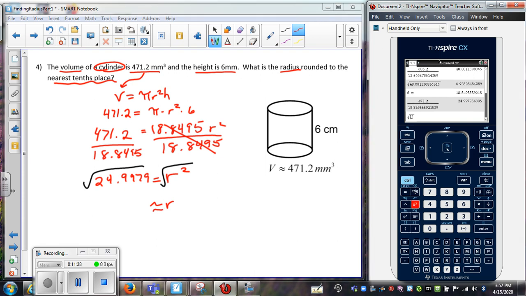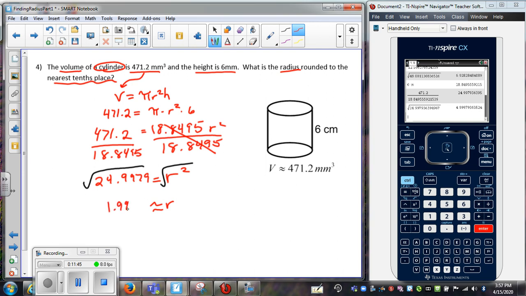Alright, I'm going to do square root, use my answer function again, and I'm getting 4.999, which means your radius is approximately, so I'm going to round this 9, I look at the digit thereafter, and it's 5 or more, I'm going to raise the score, so this becomes a 10, so this becomes 5.0 centimeters.